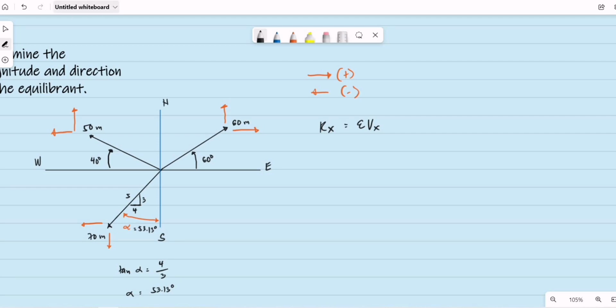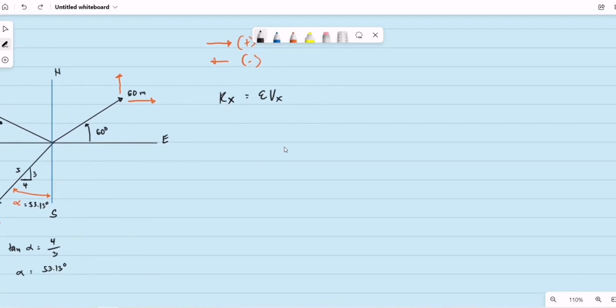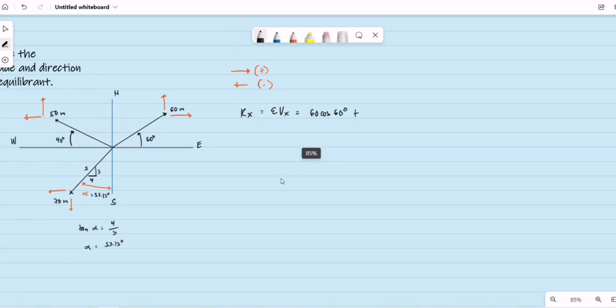So for the 60 meters, we have that as 60 cosine of 60 degrees. That will be positive since that is towards the east. Then minus the component of the 50 meters that is towards the left.